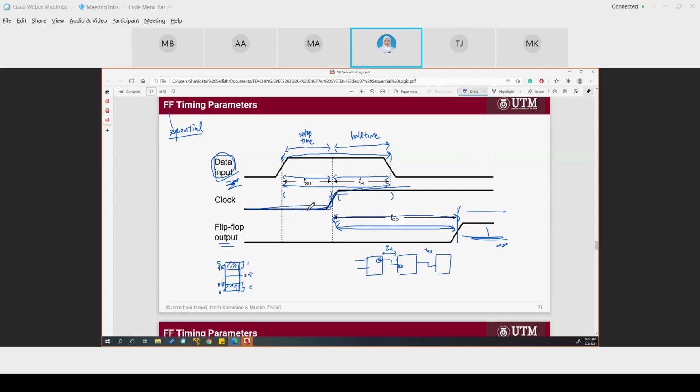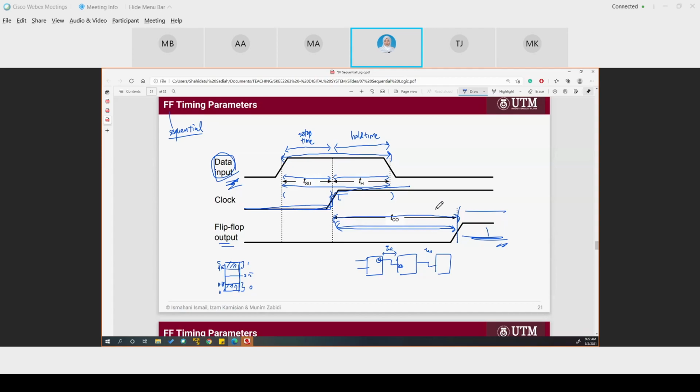The TCO, or output delay, is the time where we can get the valid output after the clock arrival. After the delay, we still can get the output, but it is not guaranteed to be correct.